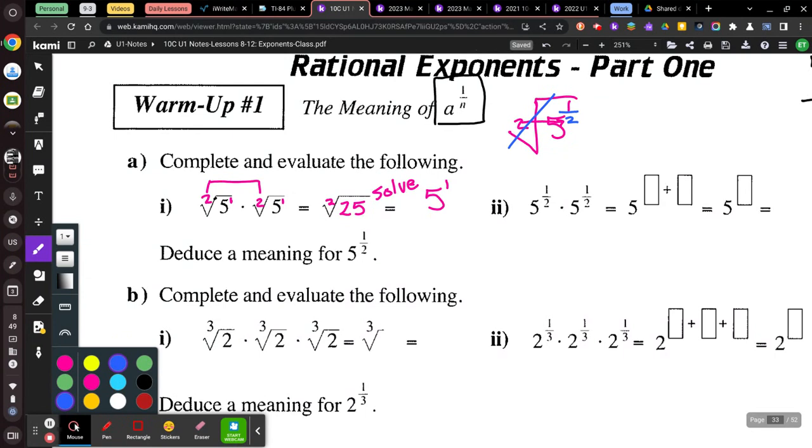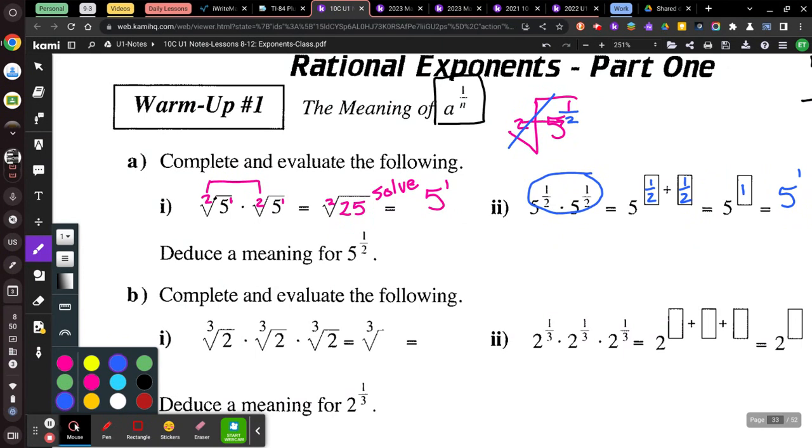So 5 to the 1/2 times 5 to the 1/2, I would add exponents. So I've got 1/2 plus 1/2, that gives me 5 to the 1. And that's what we're looking for. We want to get 5 to the 1. How do we get that whole number exponent? We create it by taking the root signs and making the indexes our denominator.